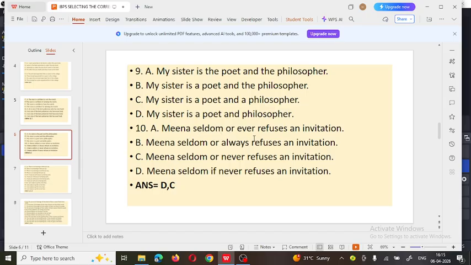"Ever" or "always" are positive ones, so they will not go with seldom. Only option C, "seldom or never", is correct. Meena seldom or never refuses an invitation means she is always ready to accept the invitation and never refuses it. That is the meaning of the sentence. So option C is correct here.